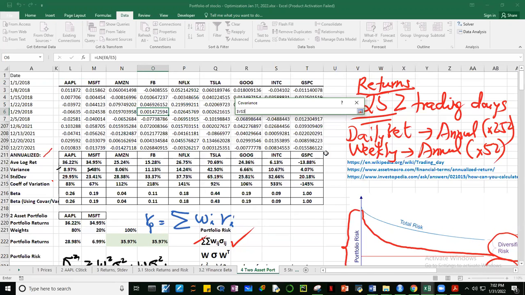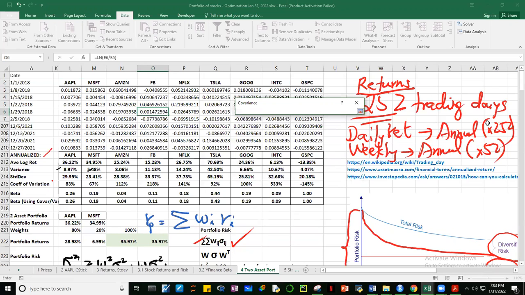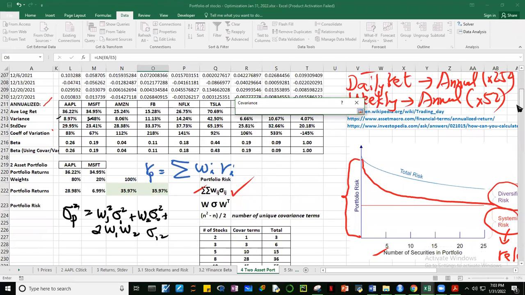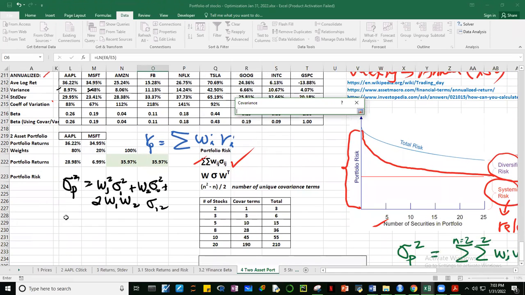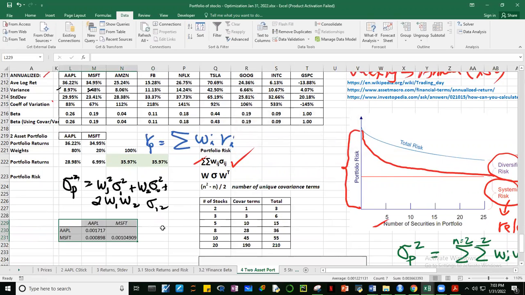And then yung output range natin, let's put it here below. Ito lang natin ilagay. There. Okay, L229. Okay, then we can now generate our covariance.